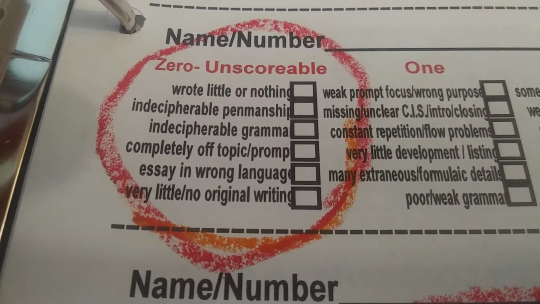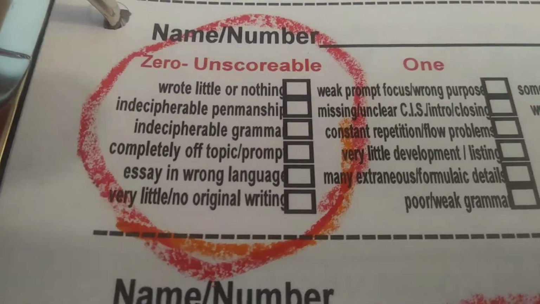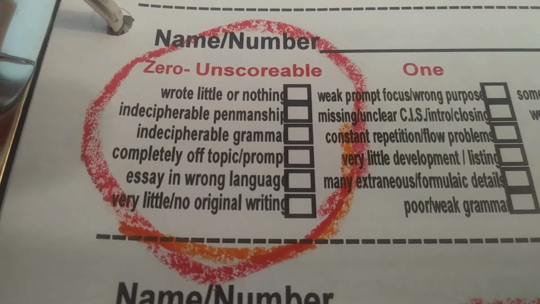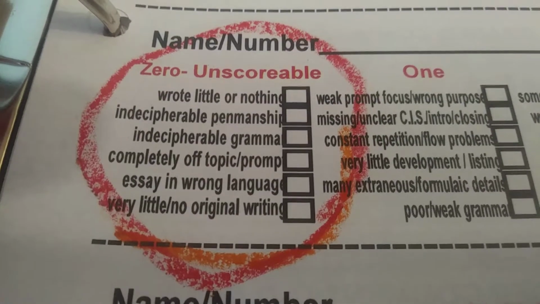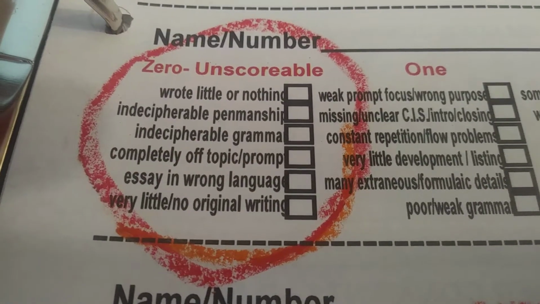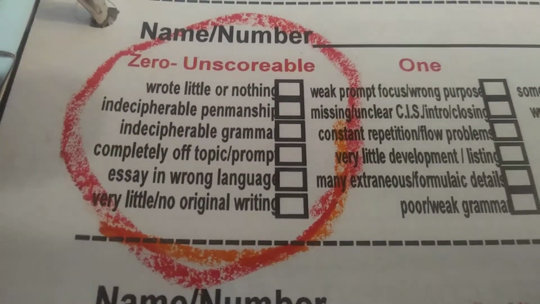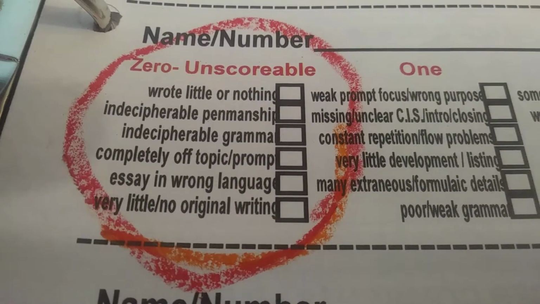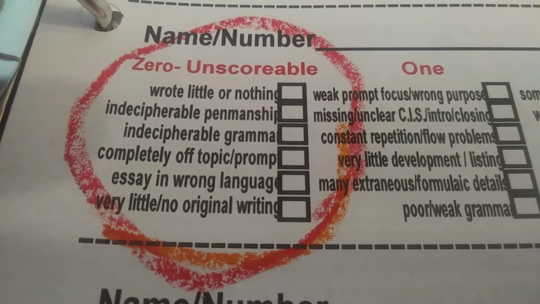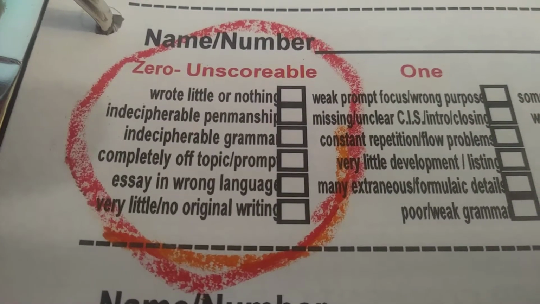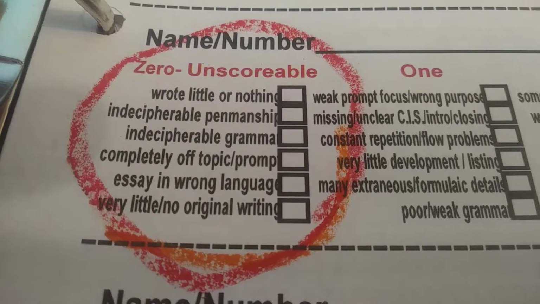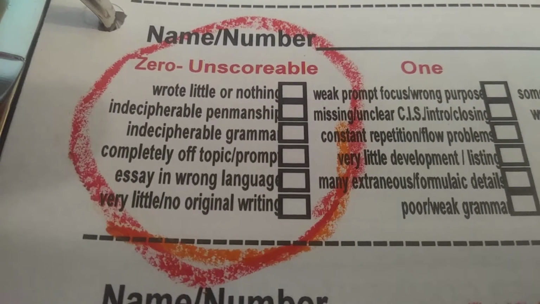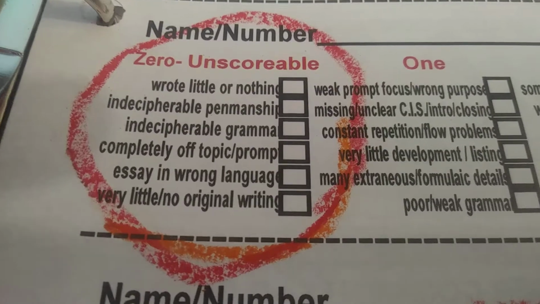If all they wrote was "you can't make me do this," or some profane bad word or whatever, that would be considered little or nothing. A refusal to write is writing little or nothing. Another is indecipherable penmanship, where the letters are so strewn together that you can't really understand what the child was intending. There are just random letters with no words put together to make sense.